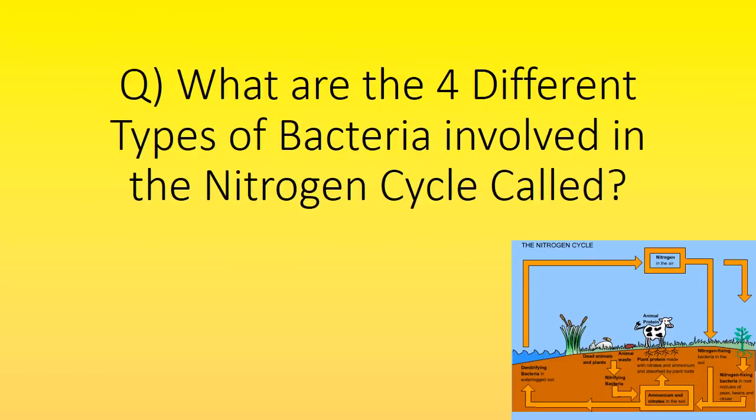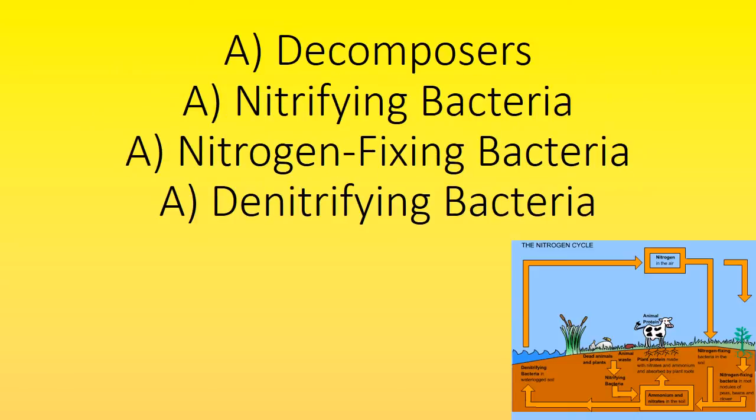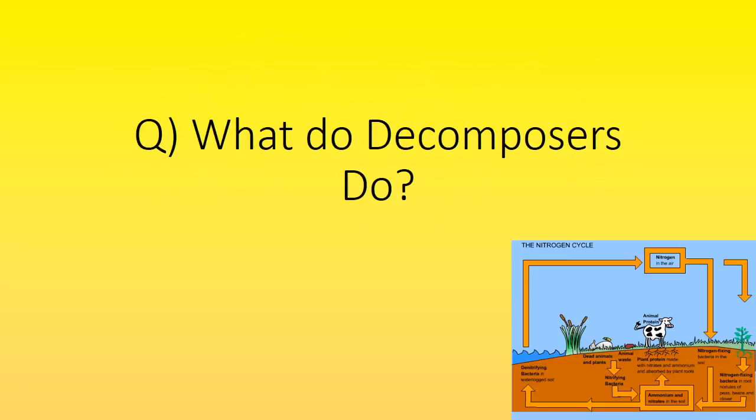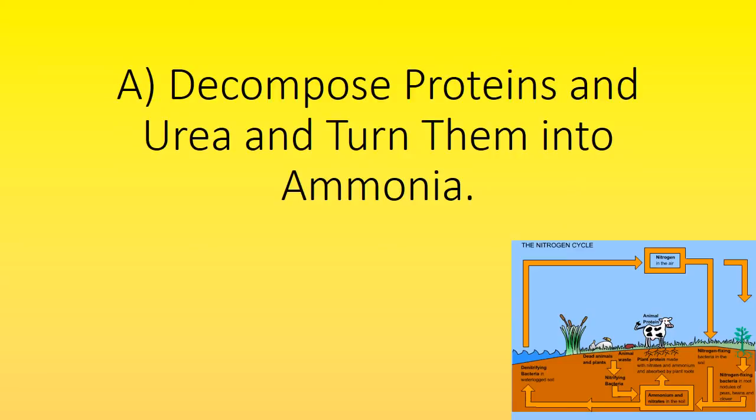What are the 4 different types of bacteria involved in the nitrogen cycle called? Decomposers, nitrifying bacteria, nitrogen fixing bacteria, denitrifying bacteria. What do decomposers do? Decompose proteins and urea and turn them into ammonia.